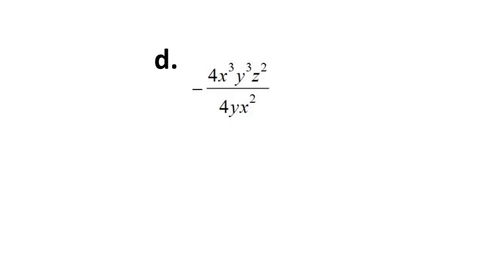Letter D. Notice we have a negative sign out front. 4 over 4. That's going to simplify out to just be 1. I have x to the third divided by x squared. They're not lining up quite as well, so I might actually rewrite that as x to the 3 minus 2. So I know I've taken care of my x's. I've got y to the third minus, oh, I forgot to put a 1 on it.